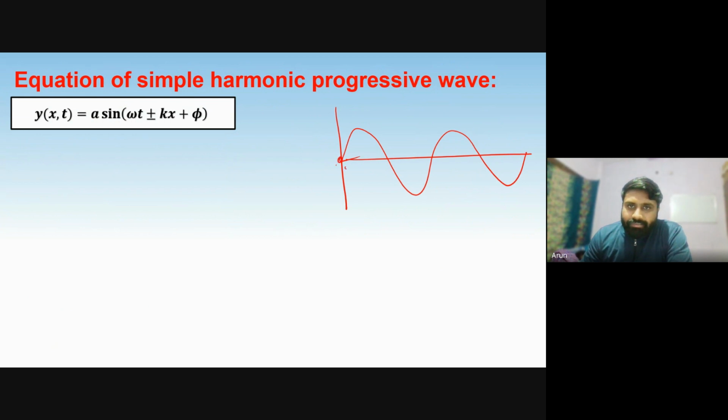And here x is equal to 0. The displacement axis we will give as y, and this is x. Got it? Now, I have told you that each and every particle in the string is oscillating.